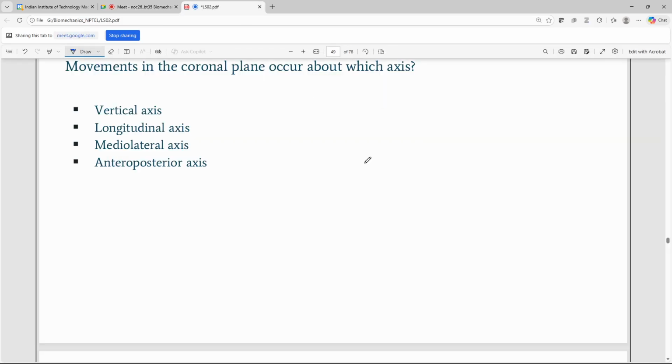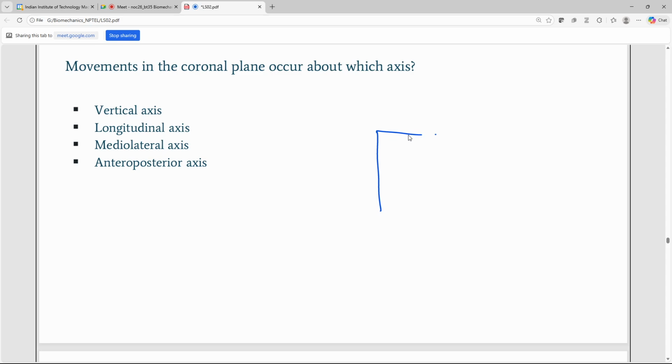Yes, so first you have to recollect which is the coronal plane. The coronal plane is the frontal plane, the plane facing the body. Suppose I'm writing the directions: superior, inferior, right, left, posterior, anterior.